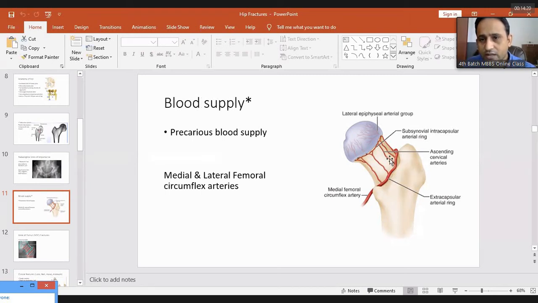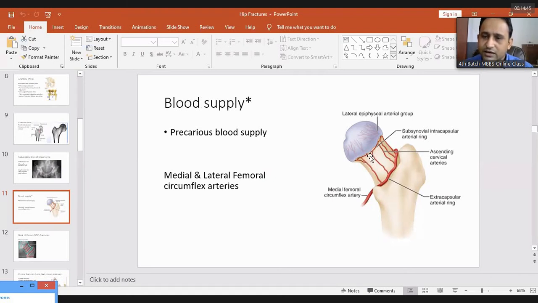From there are the ascending retinacular vessels, the cervical arteries. Cervical means of the neck, the neck is also called the cervical region. As the ascending cervical arteries go up, they again form another ring at the base of the head. This time it is subsynovial and intracapsular.